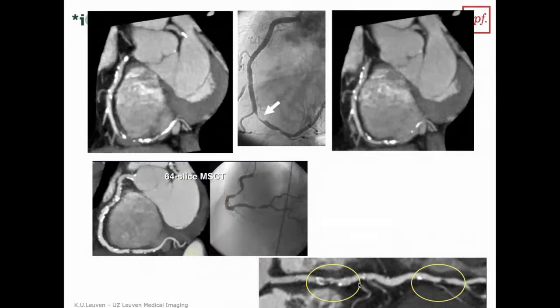While the CT you would use in patients where you say maybe there's some kind of coronary problem or maybe not, then you would use CT more for screening. That's what I also told you in the beginning. So depending on what we call the pre-test probability of finding something, you might decide on one or the other because of its advantages and disadvantages.